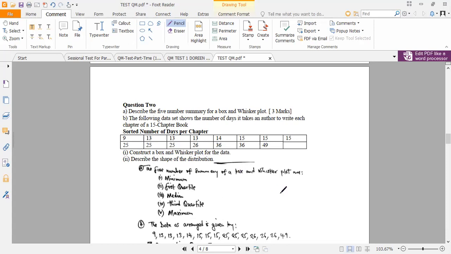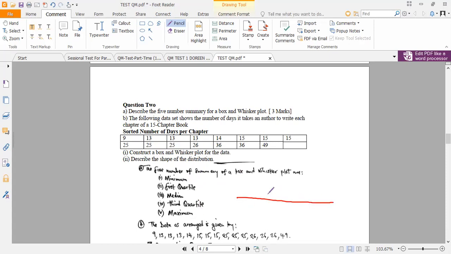To start with, we need to describe the 5-number summary for what we call a box whisker plot. The 5-number summary should have a minimum and a maximum value.